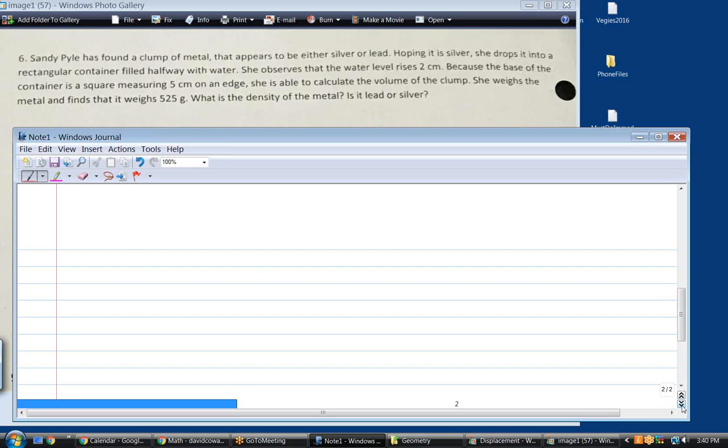It would be 25 by 2. Good. In other words, the amount of water that got displaced. Cubic centimeters, right? Area of the base. Right. The area of the base is 5 times 5, so 25 times 2.